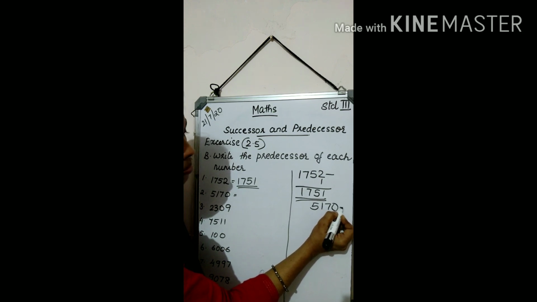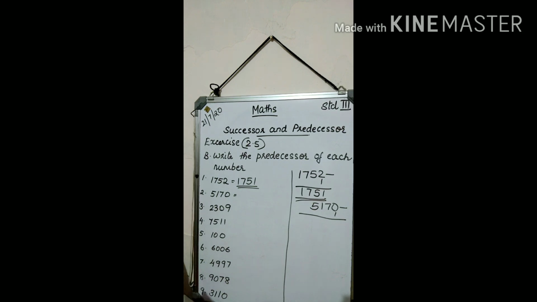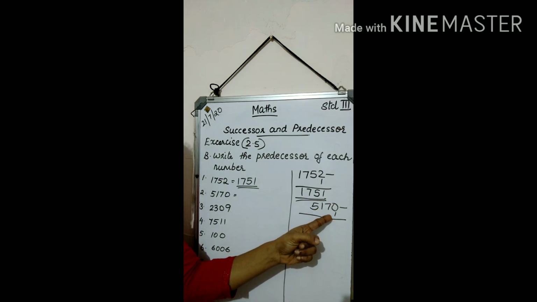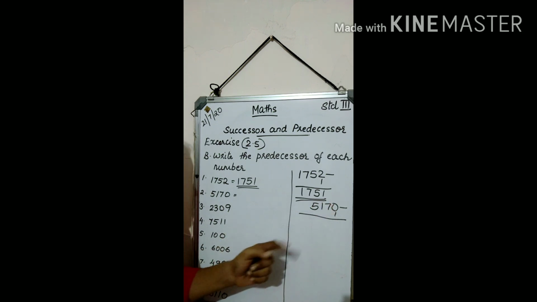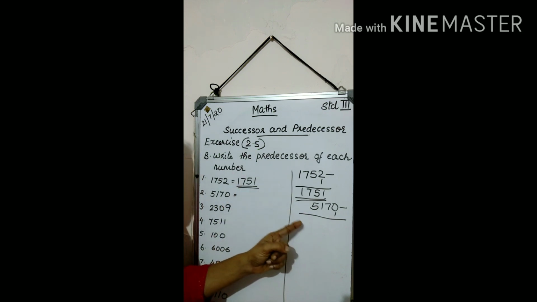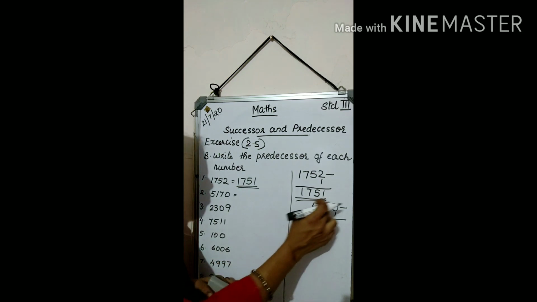5170 minus 1. Look at 0. Write this number in the ones place. You have to subtract 1 from 0. Can you subtract 1 from 0? No. So what will you do? You have to borrow 1 from here.